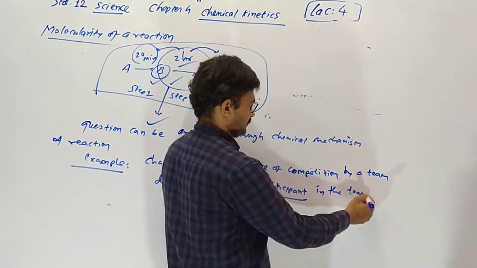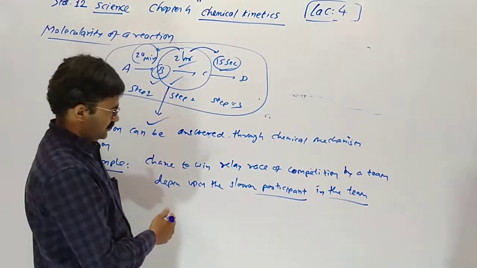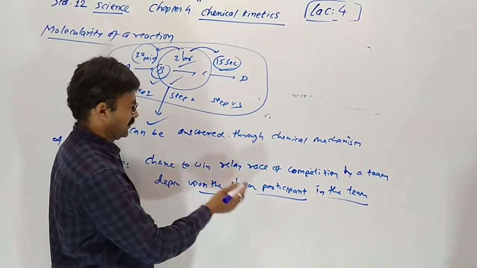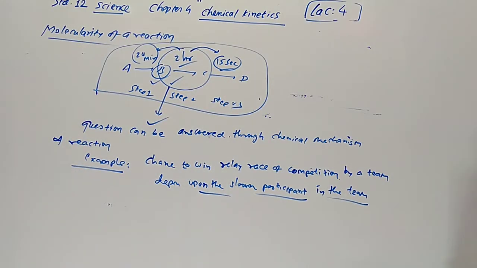Understood? So the team's chances of winning depend on who is the slowest among them. So the overall rate of the reaction is controlled by the slower step, called the rate determining step.